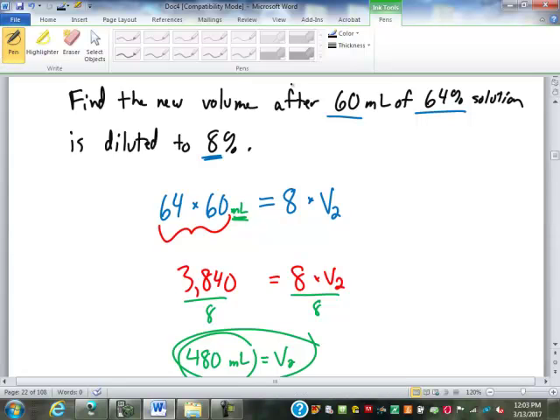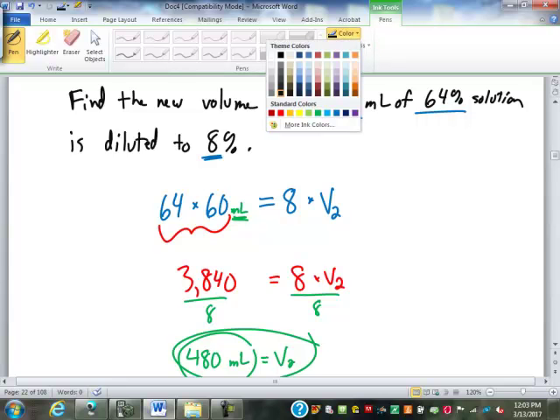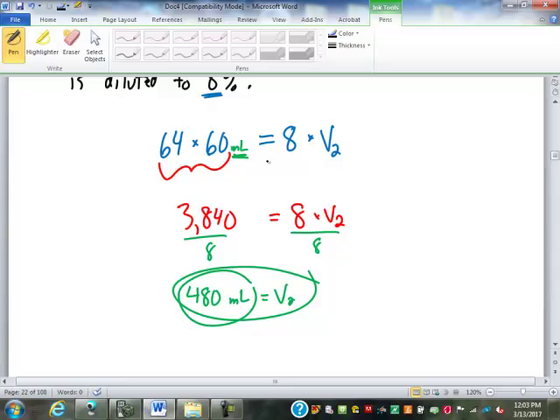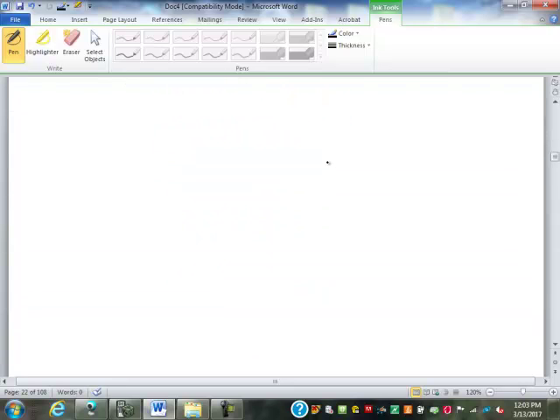Quite often this formula is more useful going in the other direction. Let's say we need a certain amount of a certain concentration, and we want to know how much we have to start with.